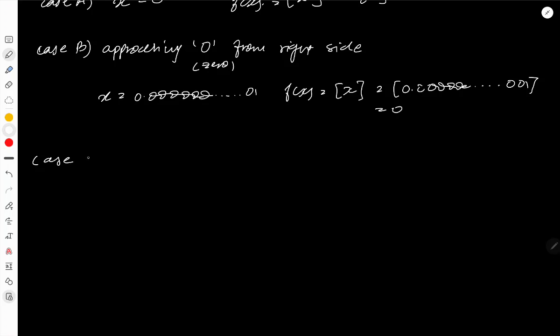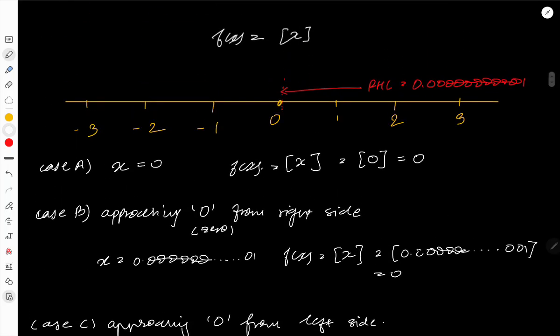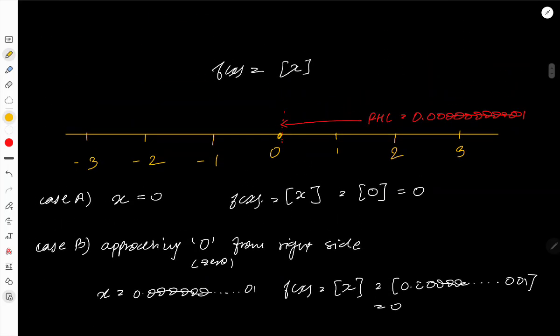Now let's take case C. Approaching 0 from the left side. Approaching 0 from the left side means that we are approaching 0 from a number which is on the left. So this is the left hand limit, and the number can be minus 0.99999, and it goes on.